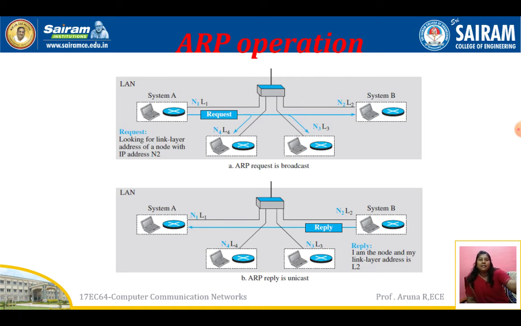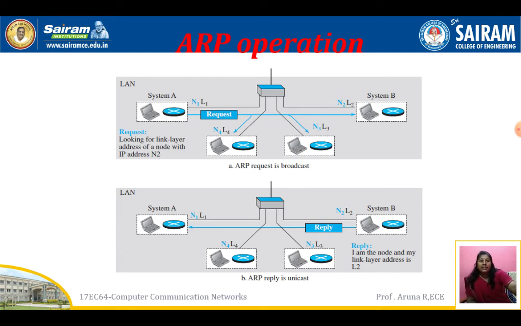Here you can see an example of how an ARP request is broadcast. In this you have a LAN with system A and system B. When system A sends the information to all the devices in the network, it is sending a request to get the link address. When it sends the request, system B responds through link 2.